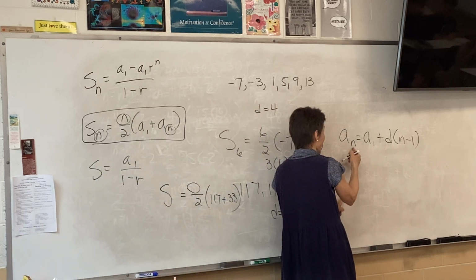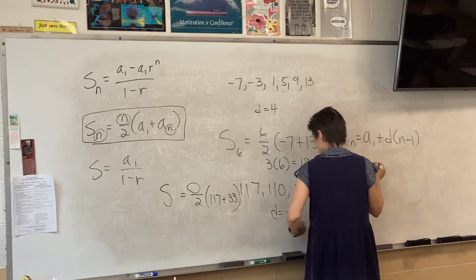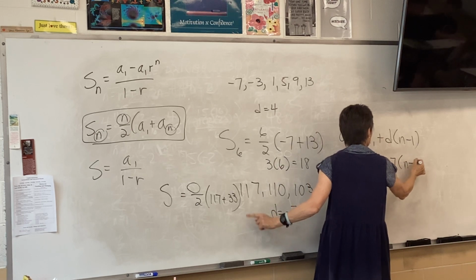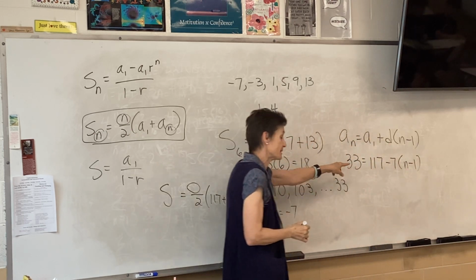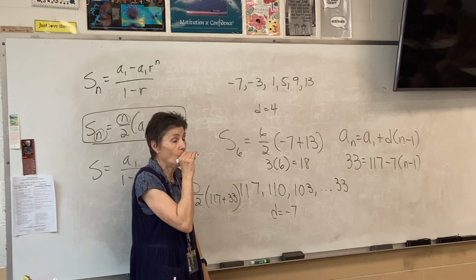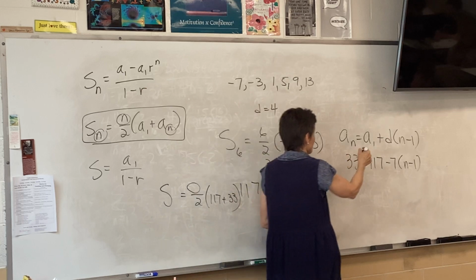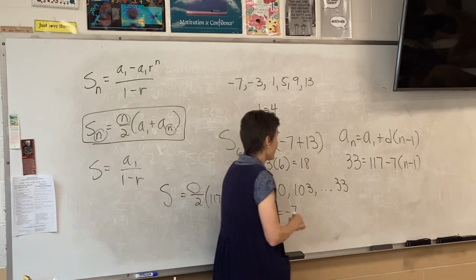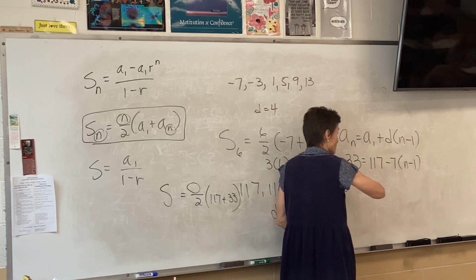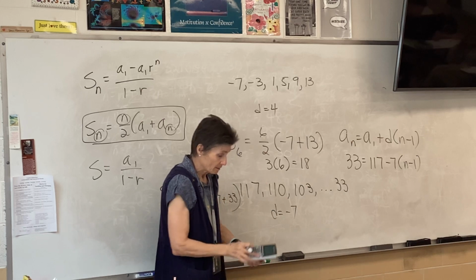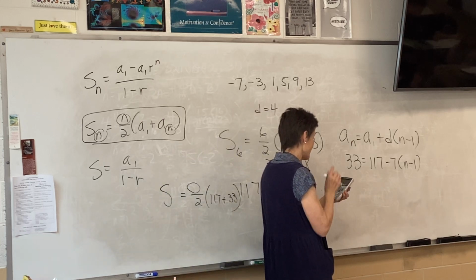The last term, I don't know what n is, but I know that's the last term, is the first term plus the common difference times n minus 1. You see how that's going to tell me what n is? So my first term's 117, my last term is 33, my common difference is -7. I just plug all that in. Now I'm going to figure this out. Now this won't be the answer, but this will be n.